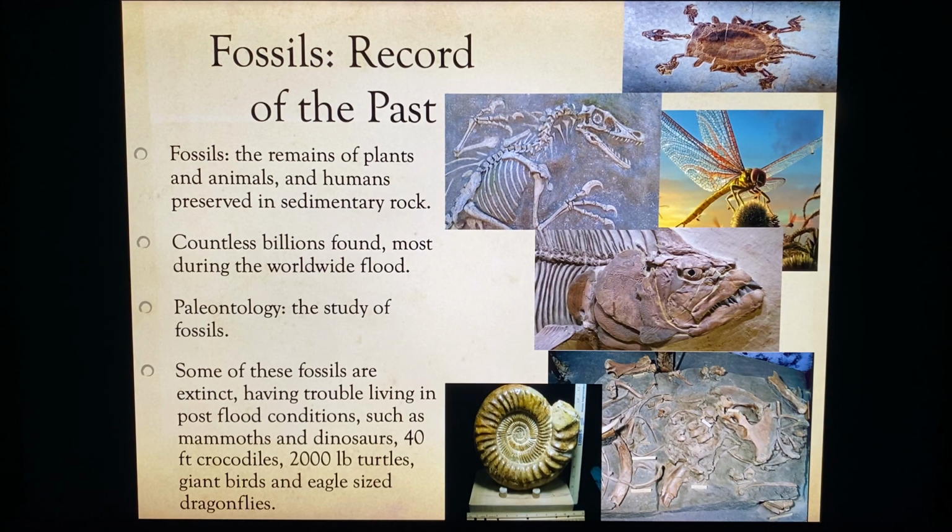And some of these fossils are extinct because they were having trouble living in those post-flood conditions, such as giant mammoths that look like elephants, and dinosaurs, and 40-foot crocodiles, and 2,000-pound turtles, and gigantic birds, and eagle-sized dragonflies. These all have been found in fossils and are now extinct.